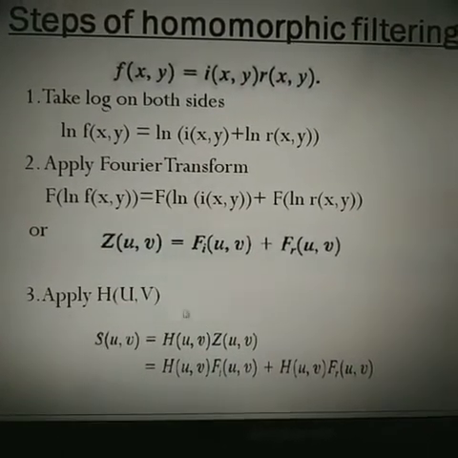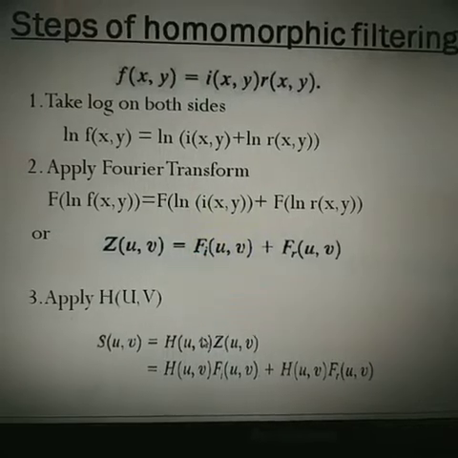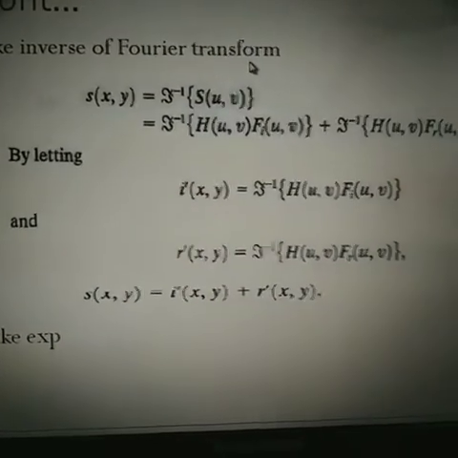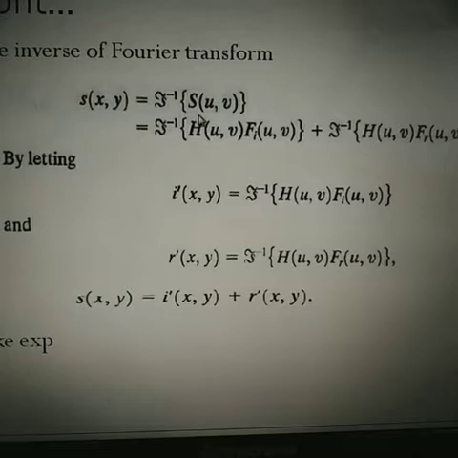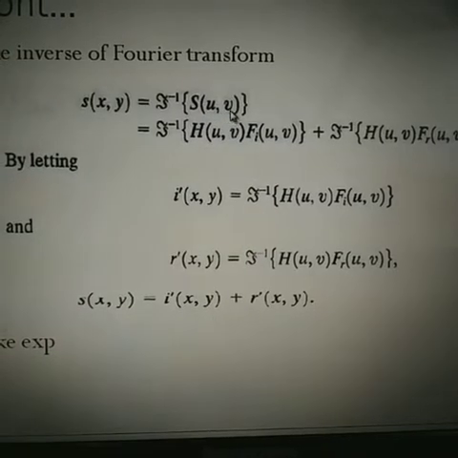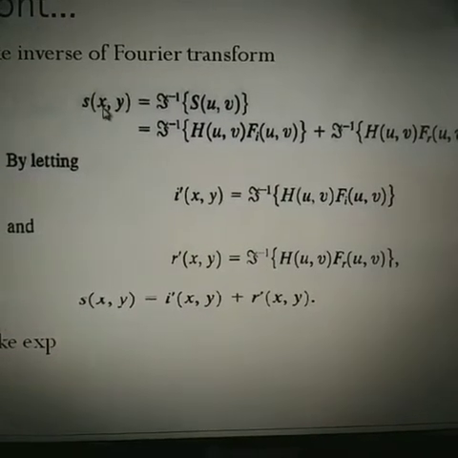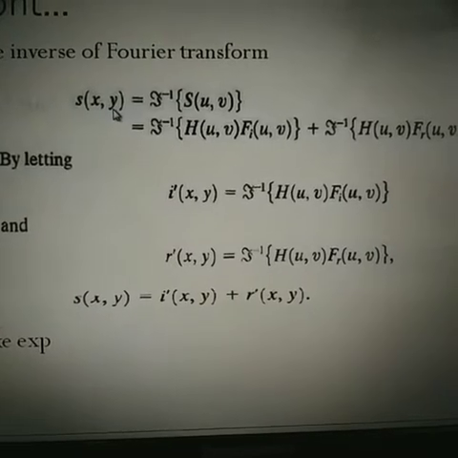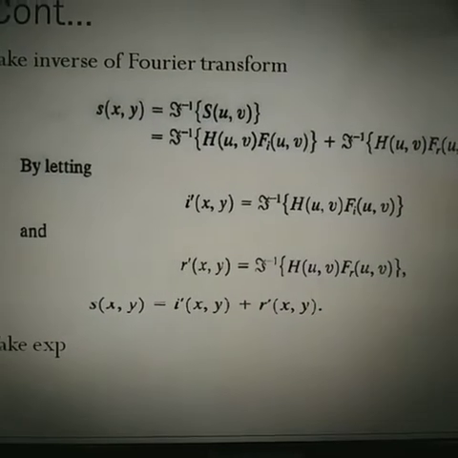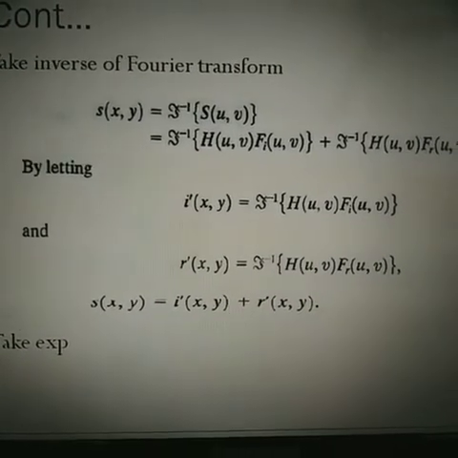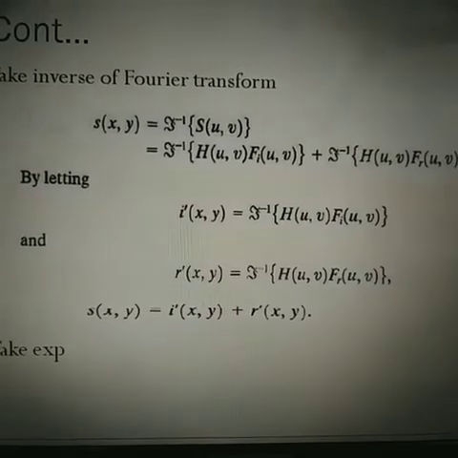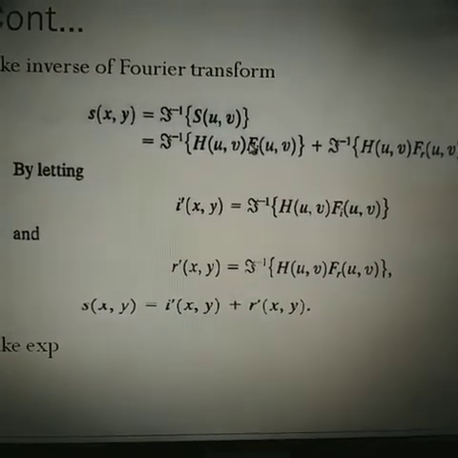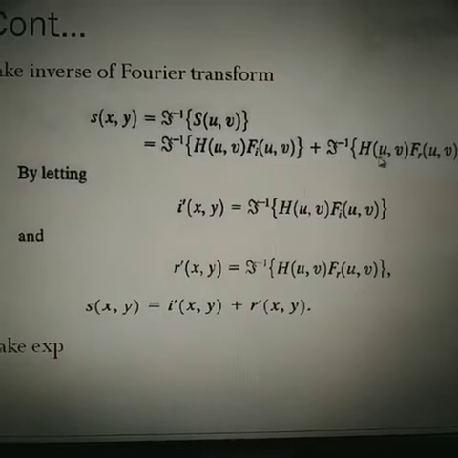After applying the homomorphic filter, the next step is we take the inverse of the Fourier transform. So we take the inverse of S(u, v), which is written as s(x, y). When we are taking the inverse, again the symbol used here is x, y. So we take the inverse on both sides, on the illumination side and the reflectance side. Clear.